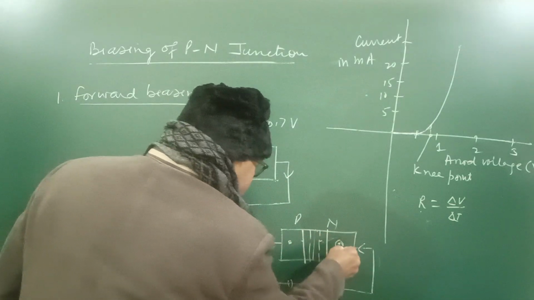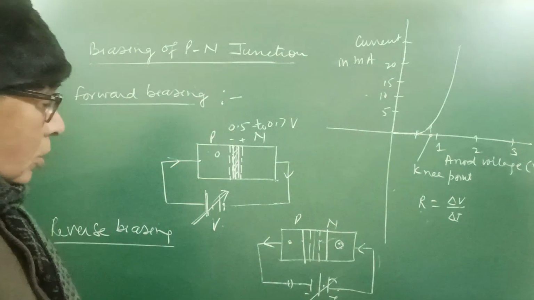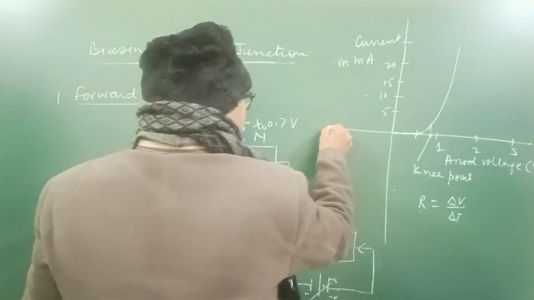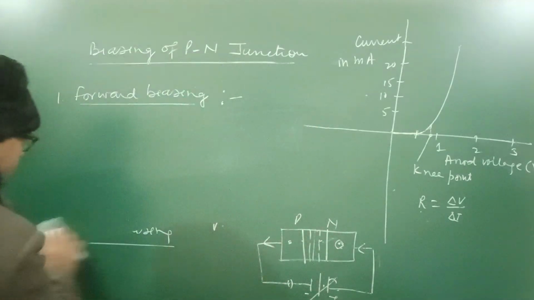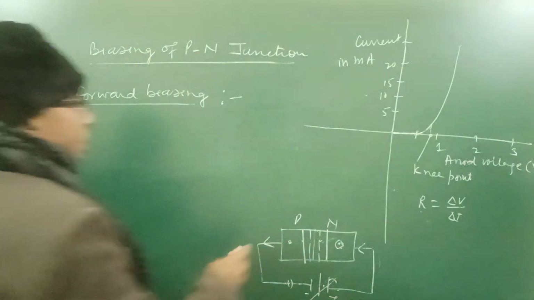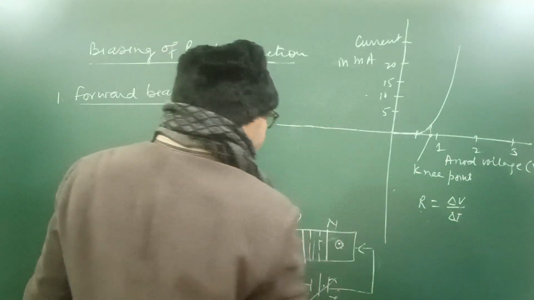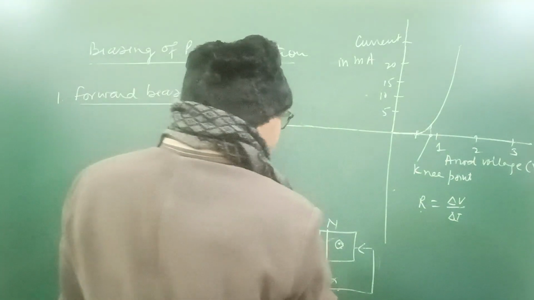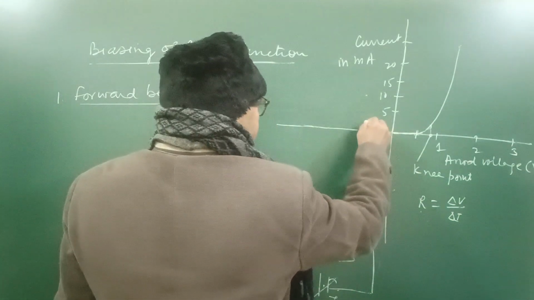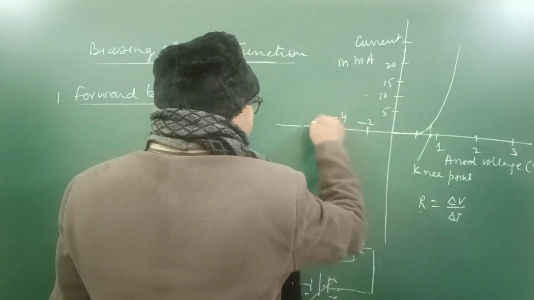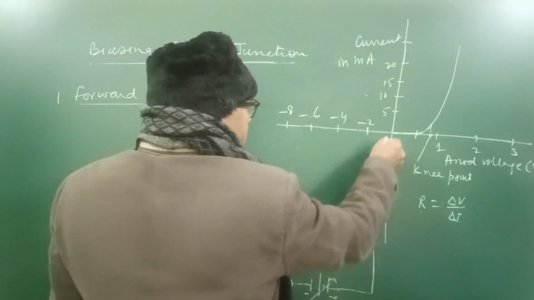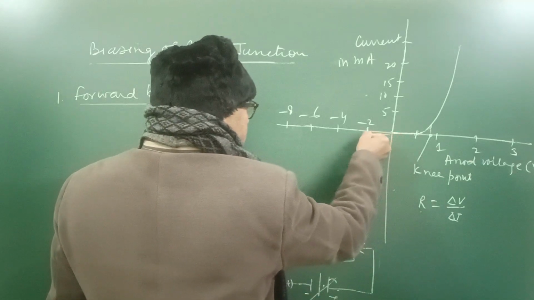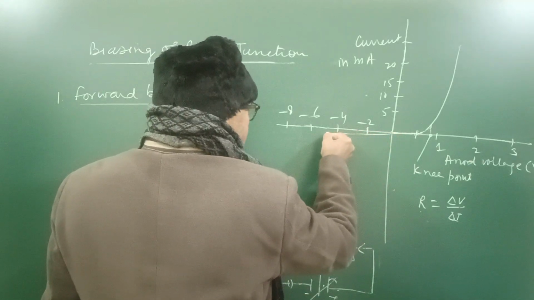They will go this side and hole this side. So a small current will keep on flowing. Sometimes the current is so small that our galvanometer cannot measure it. So it will be in the microampere order. And -2, -4, -6, -8 volt like this. And it will keep on flowing as a small current.